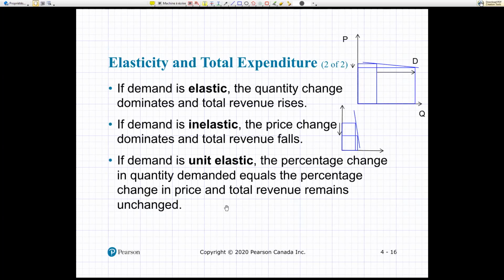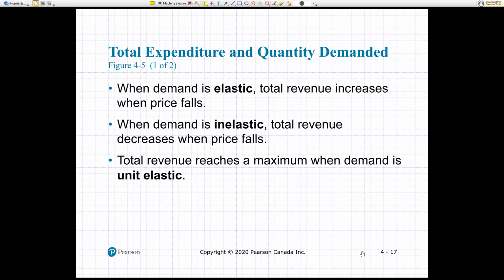This is slide 16, and then I'm going to 17. I'm going to draw it here. Again, if I could use calculus and a derivative, it would take 30 seconds and everybody would see it.